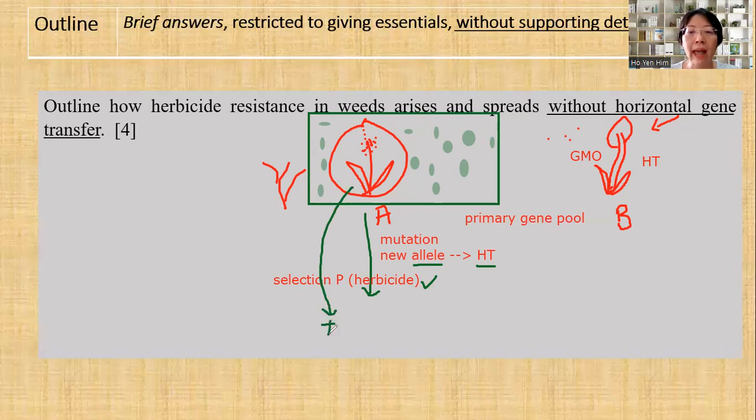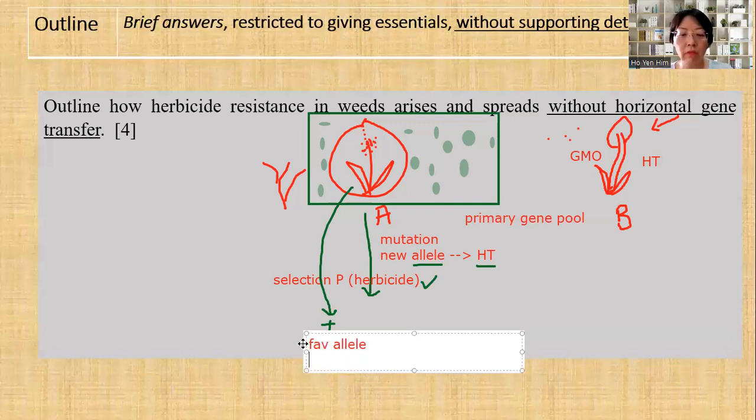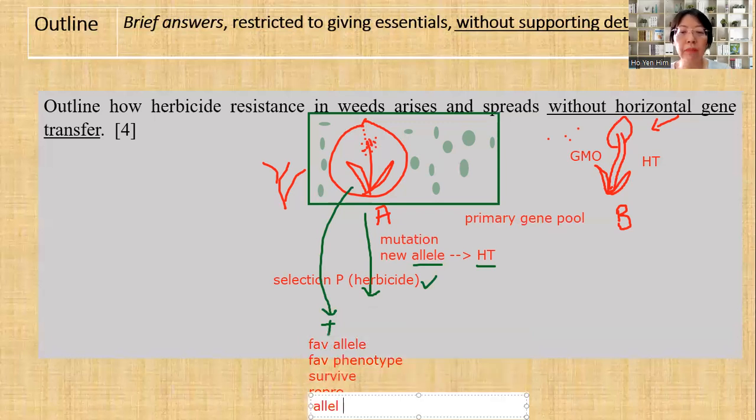Having favorable allele, favorable phenotype, favorable genotype, therefore survive and reproduce, pass on the allele to offspring. These are all the keywords, right? So therefore the allele frequency for this herbicide resistant allele increases, isn't it?